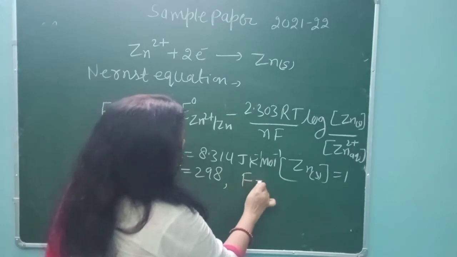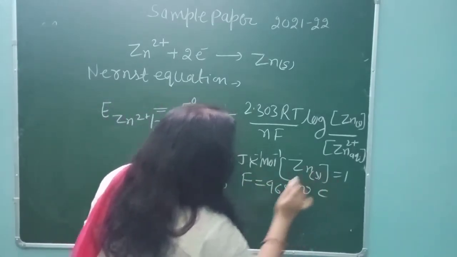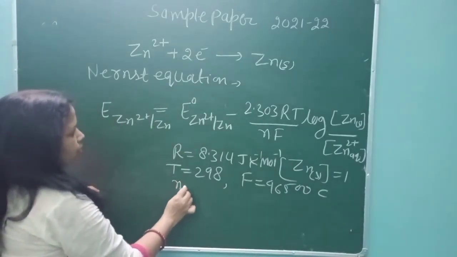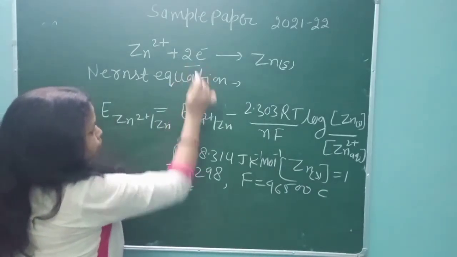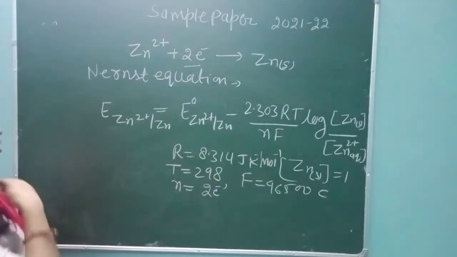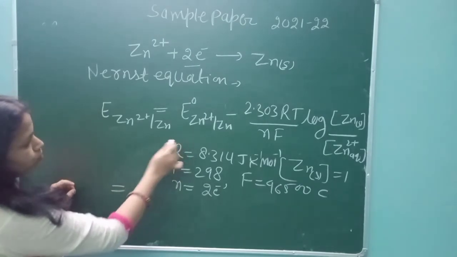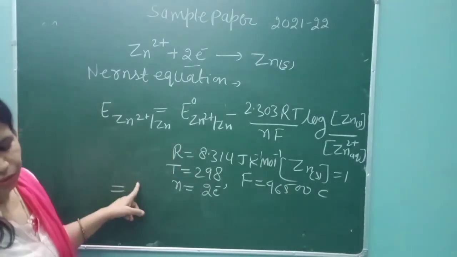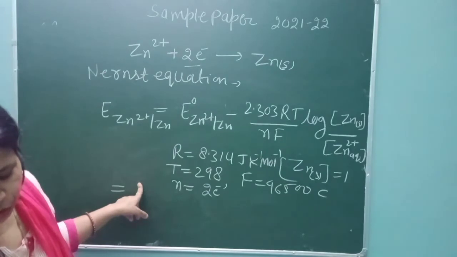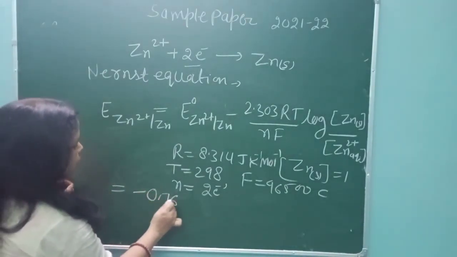F is 96500 coulomb. And n is the number of electrons here, 2 electrons. So write down these values in this equation. E naught of Zn2+/Zn is given in your question as minus 0.76 volt.